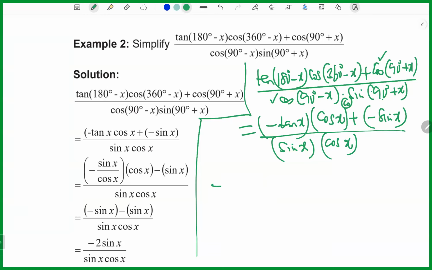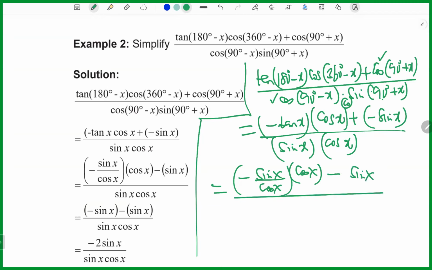What is this? This is minus the sine of x, the cosine of x, minus the sine of x. And then in the denominator, we have the sine of x, the cosine of x.